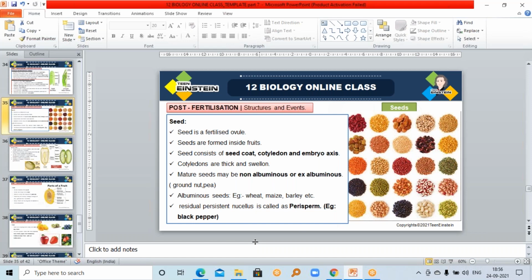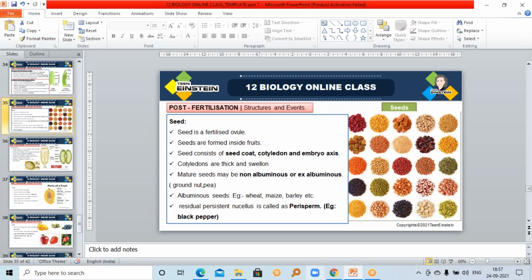During development, the embryo completely consumes the endosperm. That kind of seeds are called non-albuminous or ex-albuminous seeds. Examples are pea and groundnut.